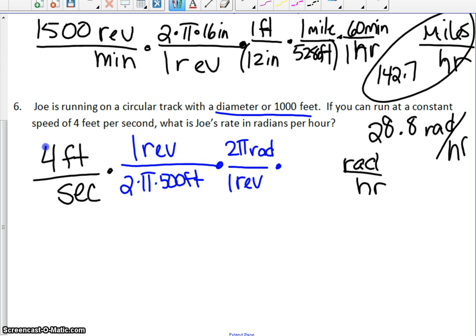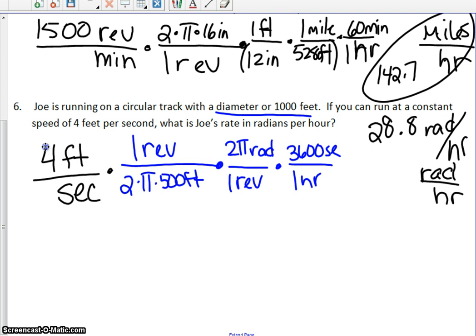And we have to change seconds into hours. We know that 1 hour is really 3,600 seconds. That's how many seconds are in an hour, in case you're wondering. So here, I see some things that we can reduce. We can reduce the 2 pi radians here.